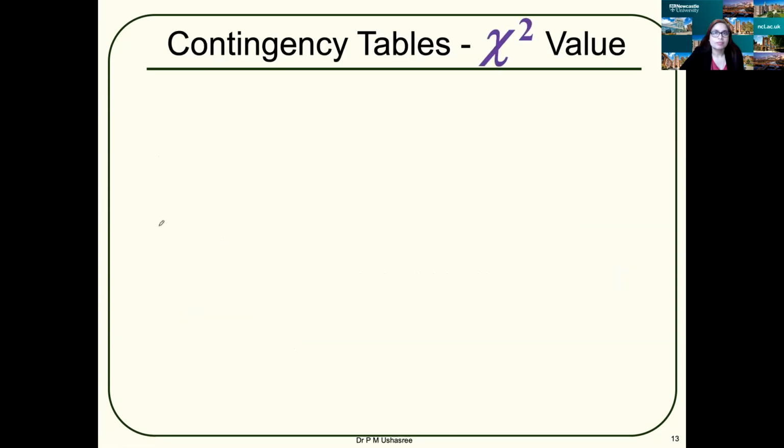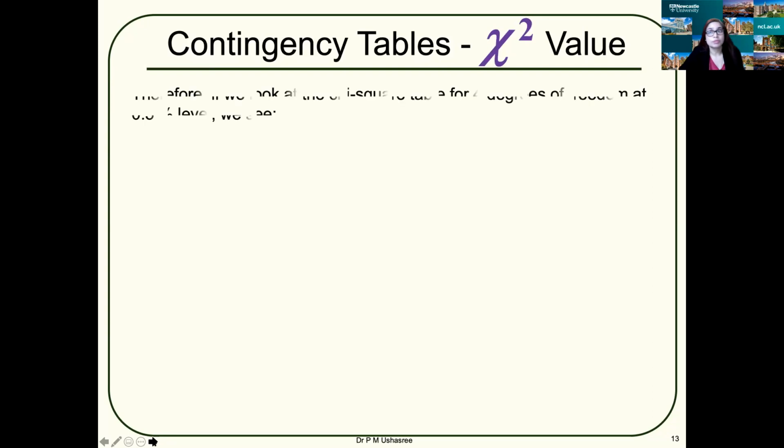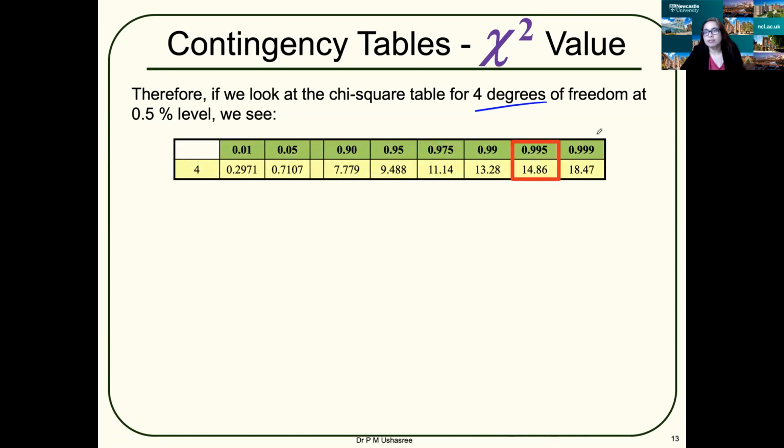Now we can use the degrees of freedom and the chi-square table to find the critical value. You can see that our chi-square value was 16.68 and it lies somewhere between these two values, at the 0.5% level.